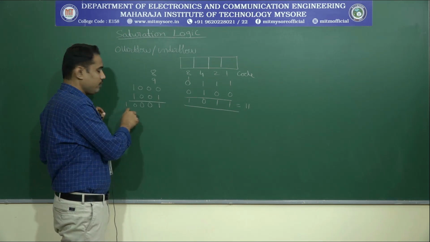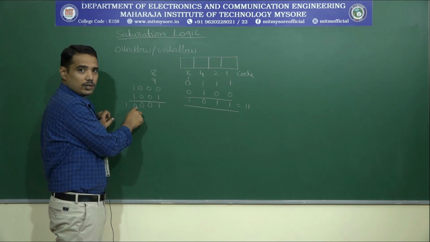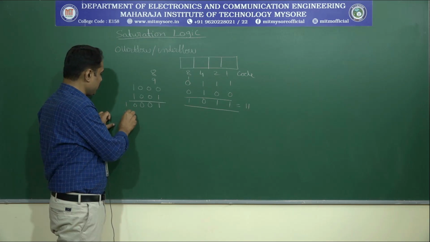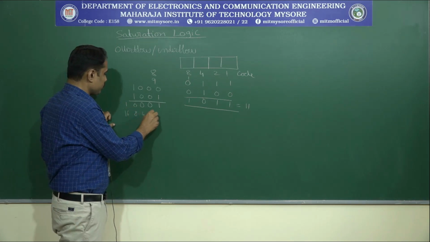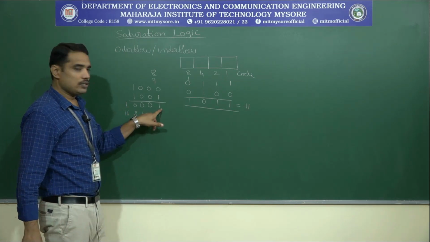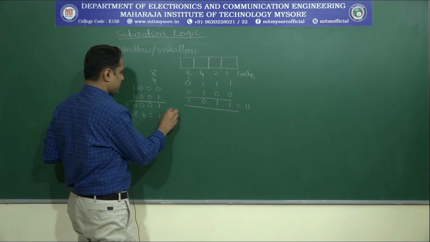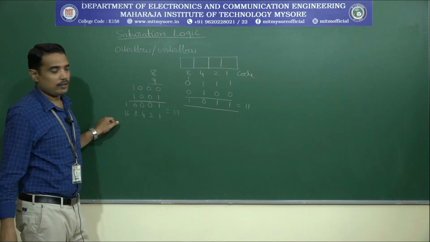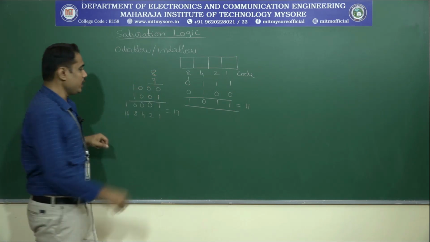That means the value is not according to 8421 code. The next code is 16, that is 16 8 4 2 1 code. That means 16 plus 1, which is equal to 17, the sum of 8 plus 9.